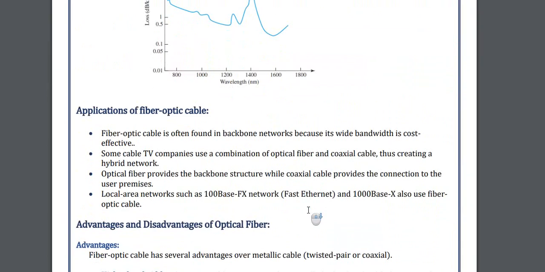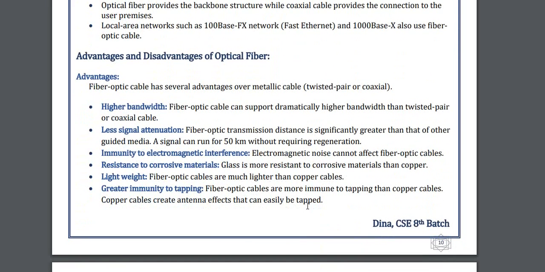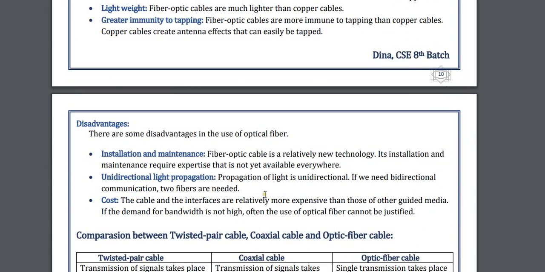The application of fiber optical is basically in fast Ethernet, internet and broadband services. The advantages of fiber optical are very high: higher bandwidth with lesser signal attenuation or noise, high immunity, high resistance to corrosive materials, light weight, and high immunity to tapping. The disadvantage is that fiber optical is very costly, which is the major disadvantage of fiber optical cables.